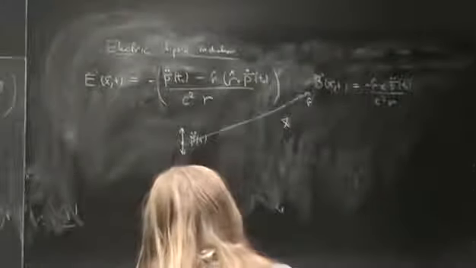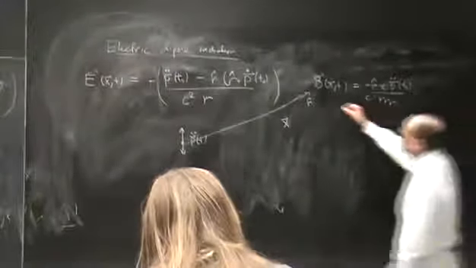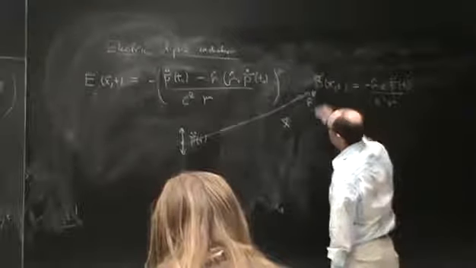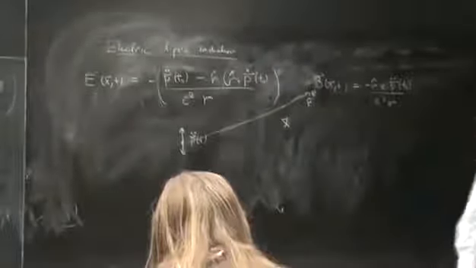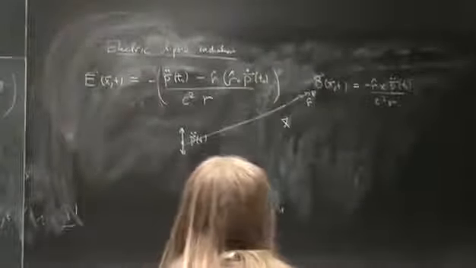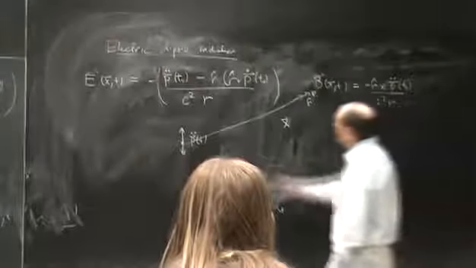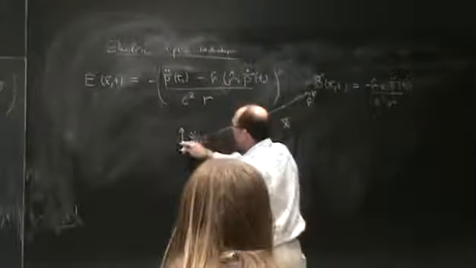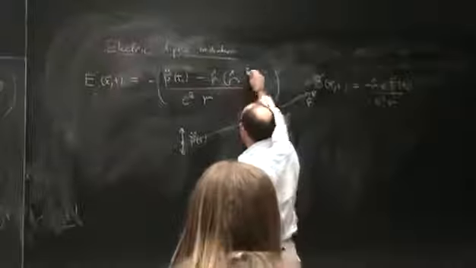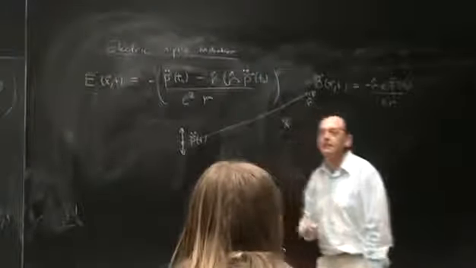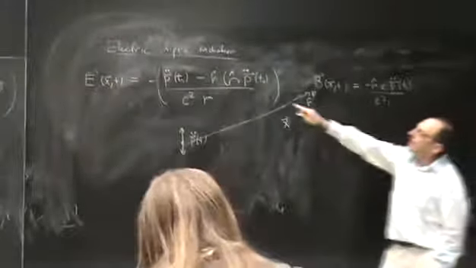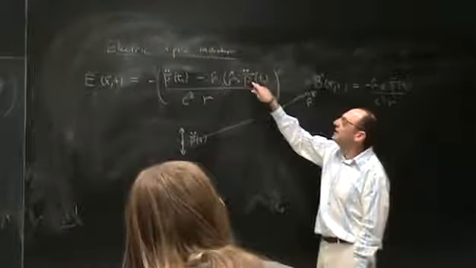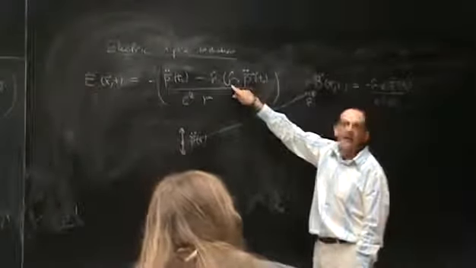What direction is the electric field that I see from the electromagnetic radiation at that point? In what direction is it? Well, what I have to do is subtract off the part of P double dot that's along r hat.